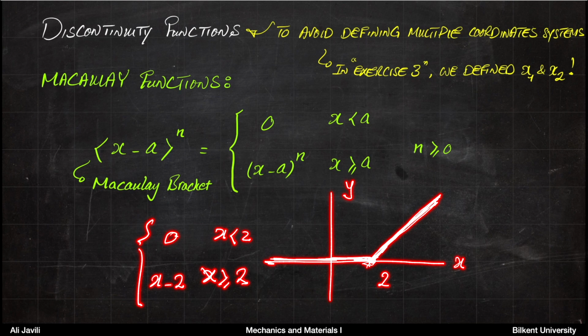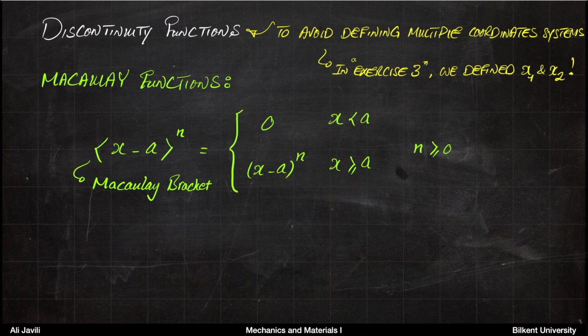In terms of Macaulay bracket, this function is exactly x minus 2. You can imagine it has a power 1. So basically, this thing that I just drew here is essentially x minus 2 in Macaulay bracket.